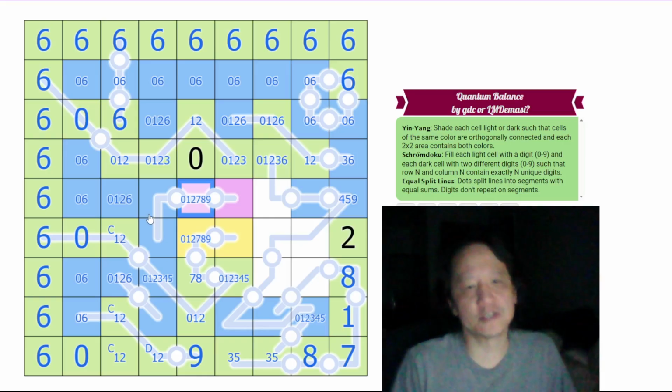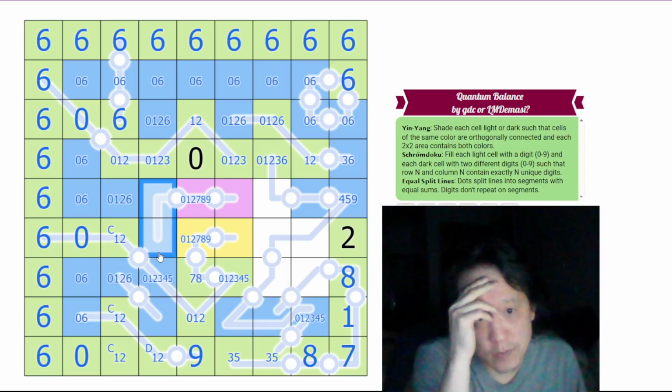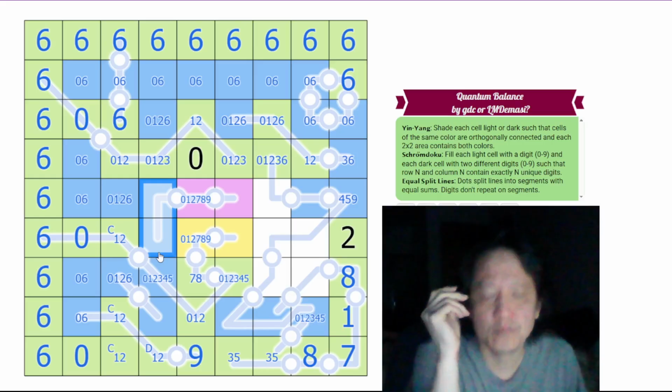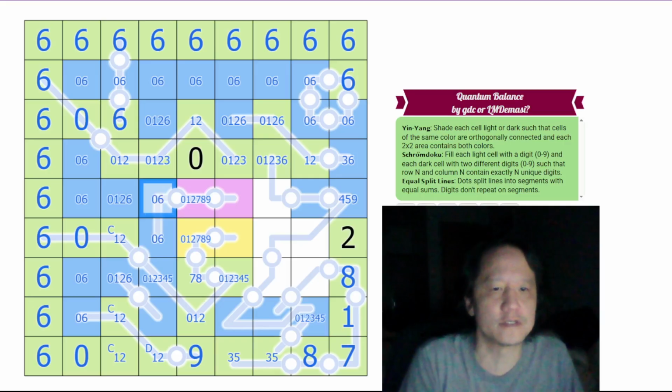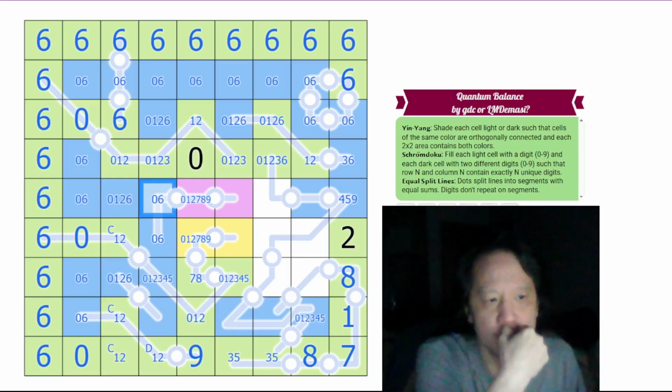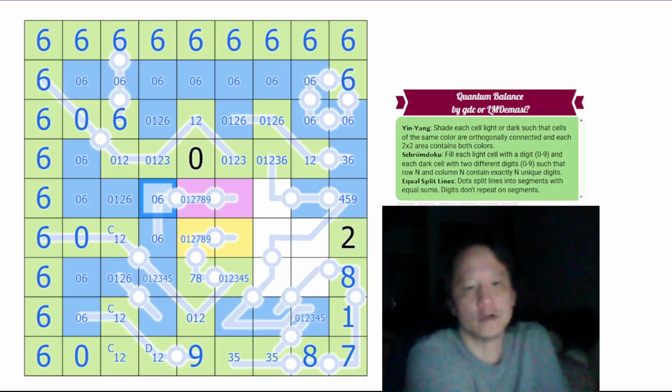So this is the sum of 0... Oof. We're guaranteed 0 and 6, so this is guaranteed to be 0 and 6 here somewhere. The other remaining digits we don't know.